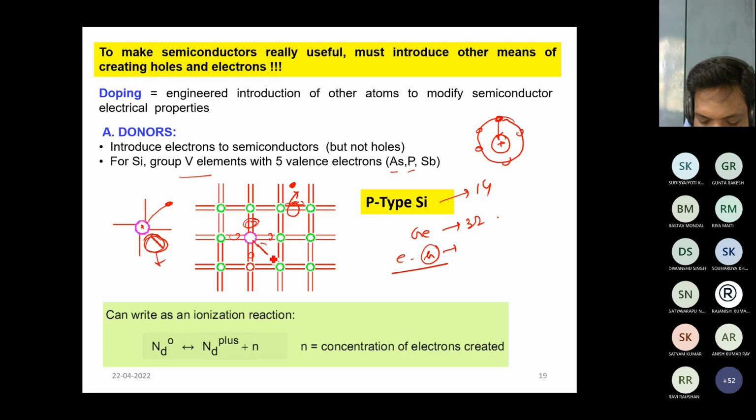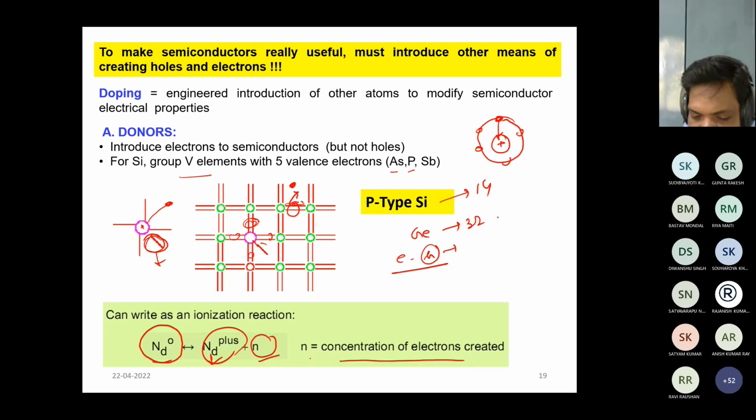In this way, as many atoms as you add, it will provide more electrons. If you consider the number of donor atoms as N_D, then it will provide that many ionized atoms as well as free electrons. And this N will be the concentration of free electrons.